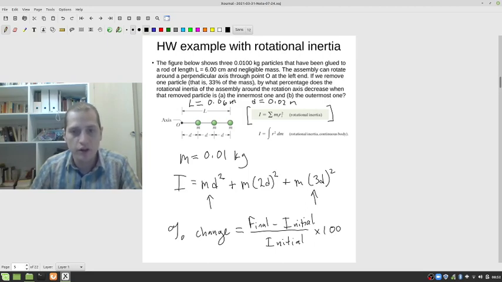So this is going to give you a number probably between 0 and 1, and if you use this formula, it will be negative because your final is smaller than your initial. And then if you times it by 100, that'll give it to you in terms of percent rather than a ratio.